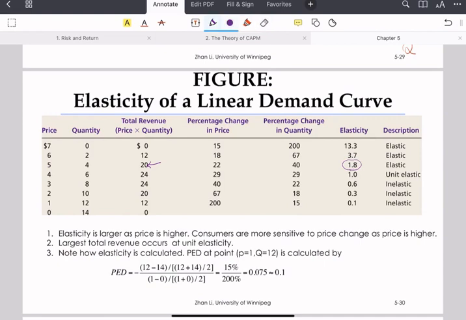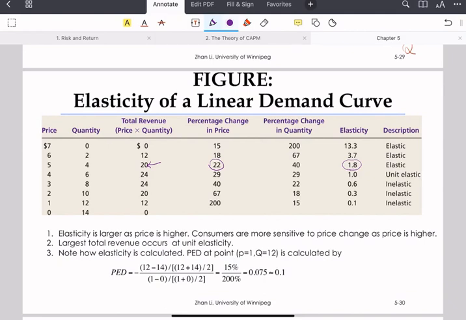By the definition of elasticity, it is the ratio of the percentage change in quantity divided by the percentage change in price. So we have to first find out the percentage change in quantity and the percentage change in price. And here we have the percentage change in price, which is 22%.